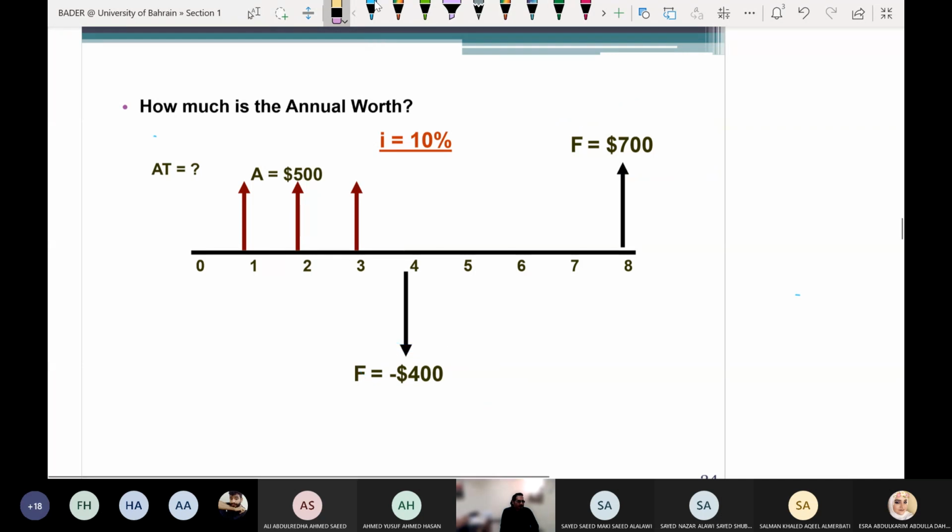He just said, in order for me to find an annuity to distribute this 700 as a positive, he said, find A given F, 10%, 8 years.